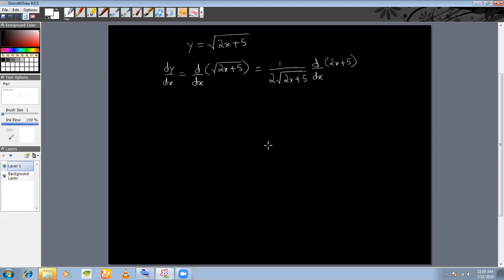This is normally what you do, isn't it? Now you know that the d/dx of 2x plus 5 is 2. So you simply get 2 by 2 root 2x plus 5, which again cancels. You get 1 by square root of 2x plus 5, right?